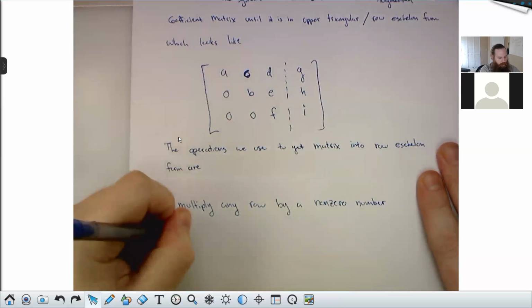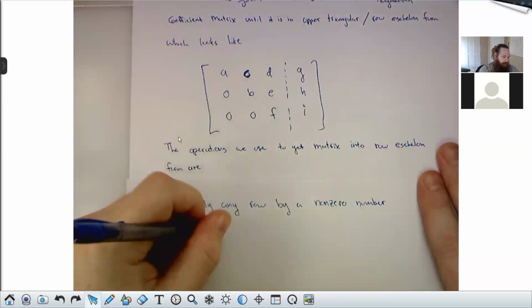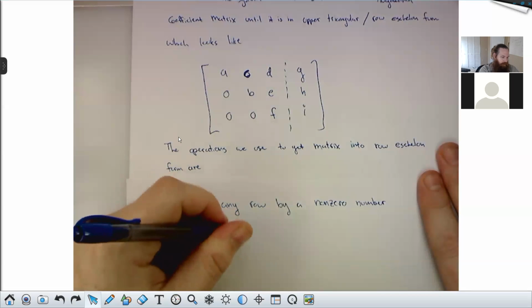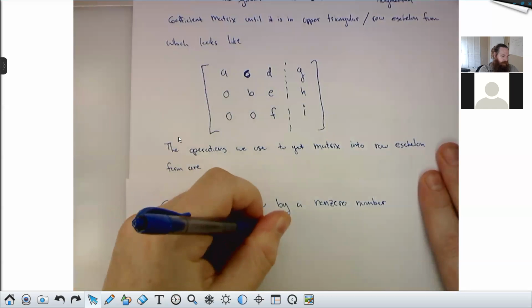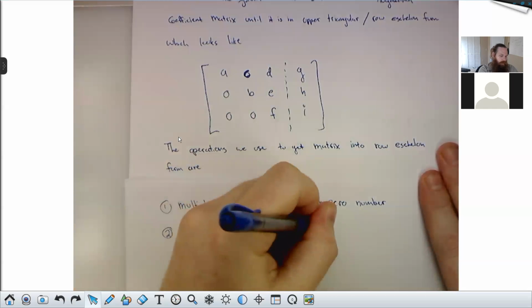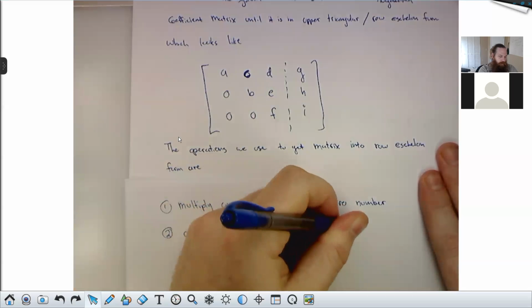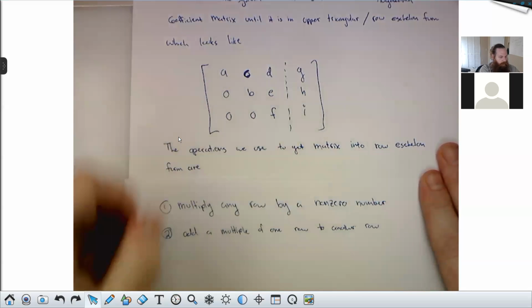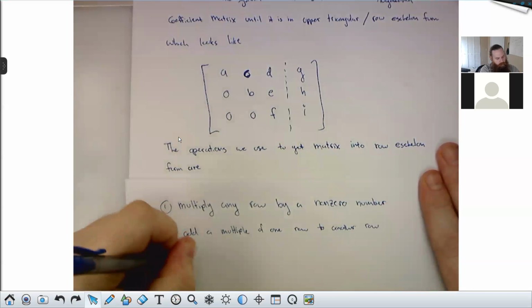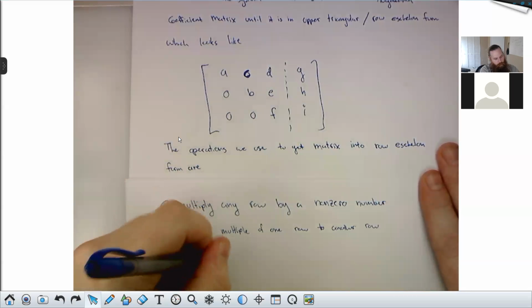Two, you can add a multiple of one row to another row. And three, you can swap any two rows.